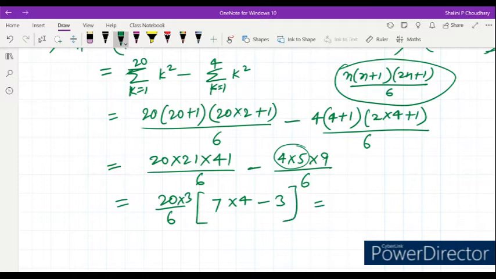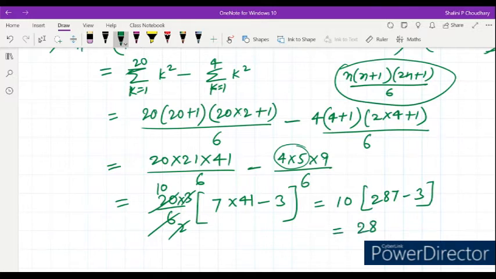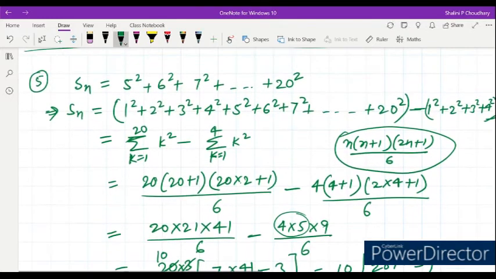Cancelling, we get 2, this is 10. So we are getting 10 multiplied by 7 into 41 minus 3. 7 into 41 will be 287, minus 3, and this will be 2840. This value we are getting. This is one method.